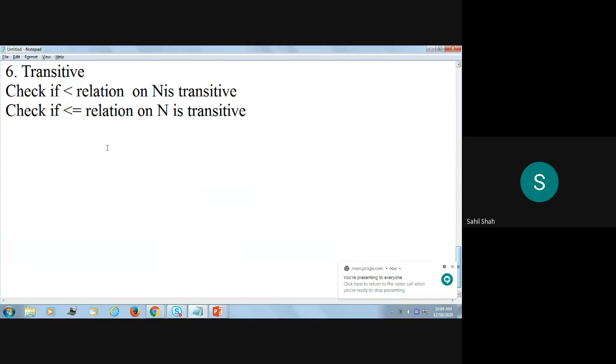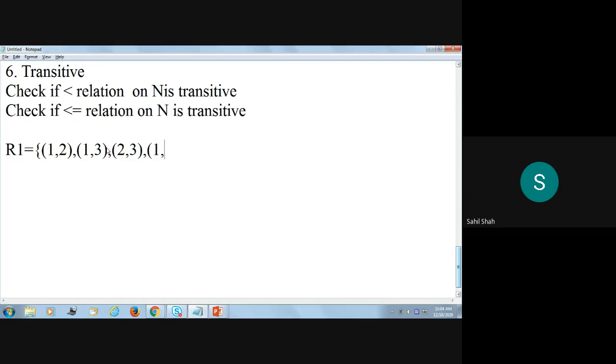Let me check whether less than is transitive. Let us check R1. I am writing for the first: 1 comma 2, 1 comma 3, 1 comma 4. Now you can see the diagram very clearly.